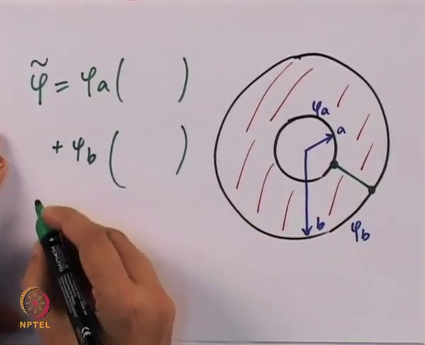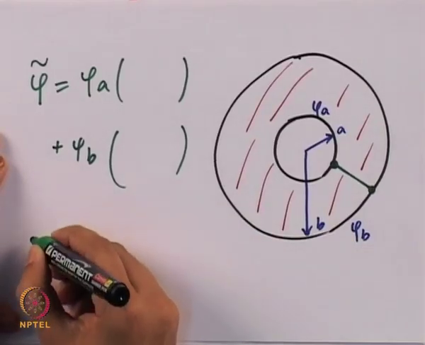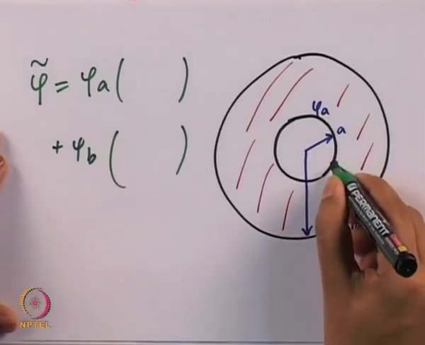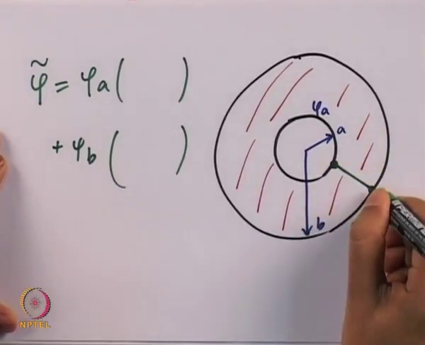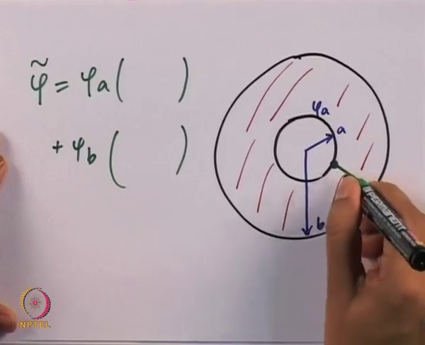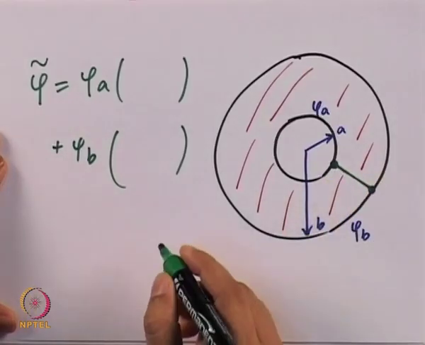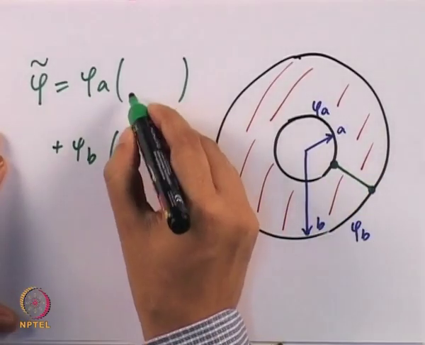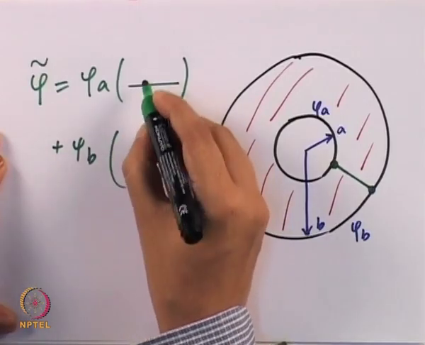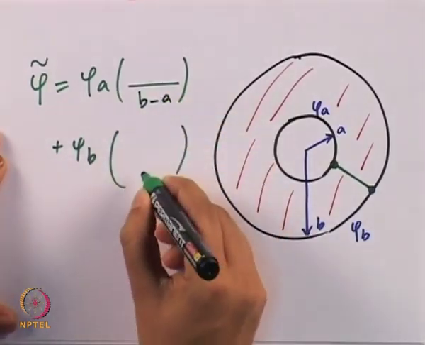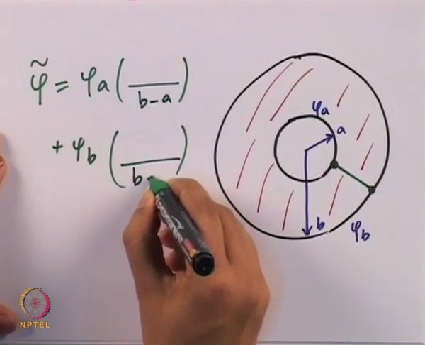We know the distance between the 2 points, so this is going to be A and this is going to be B, and the distance between the 2 points is going to be B minus A. So the weighting functions, or the coefficients, will have B minus A as the denominator.